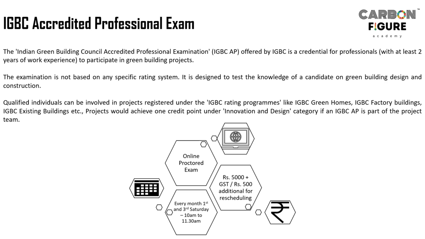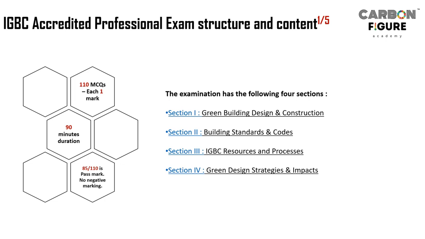If you schedule and wish to change it, you may need to pay an additional 500 rupees. If you don't clear the exam and want to reschedule, which means reapply for the exam, you have to pay the full amount, 5,000 plus GST, right?